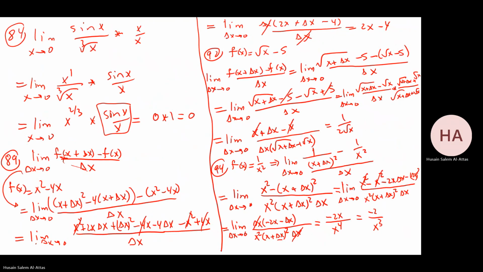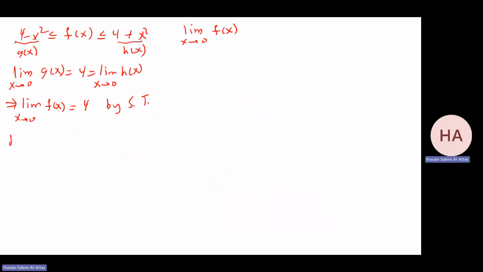The next one, c equal a, b minus absolute value x minus a. You have b minus absolute value x minus a is less than f of x less than b plus absolute value x minus a. And you want to find limit f of x as x goes to a. Same thing.